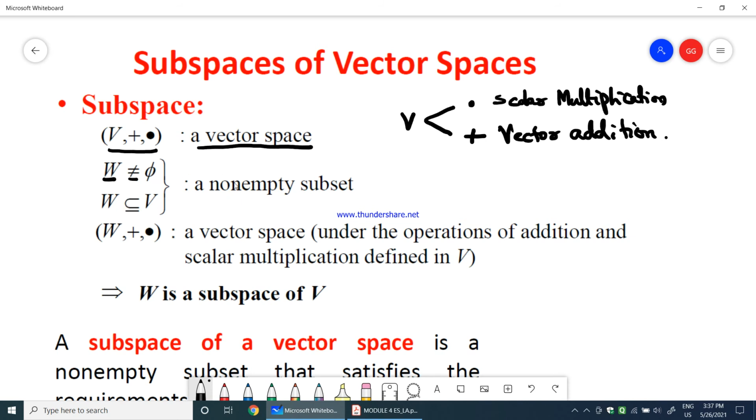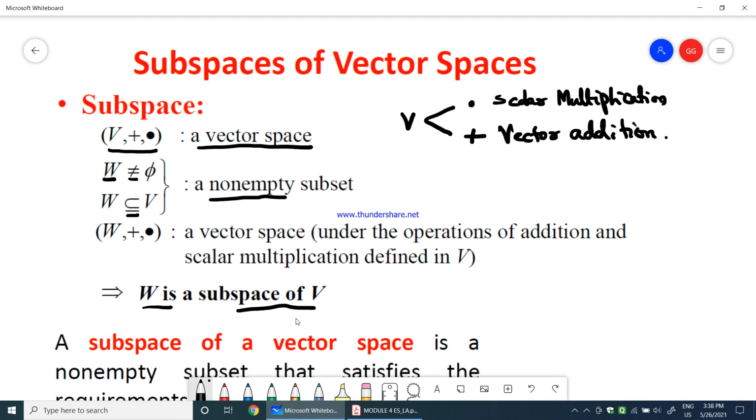It is a non-empty subset of V; this symbol says it is a subset of V. If that subset W follows the axioms of scalar multiplication and vector addition which are followed by V, that is, if W is also defined under these operations, then we can say that W is a subspace of V. This is the meaning of subspace.